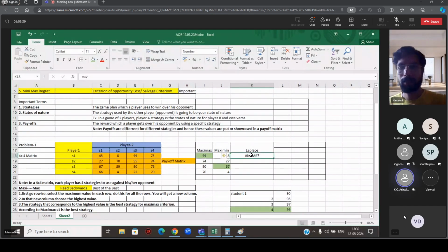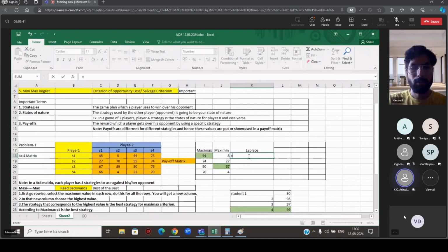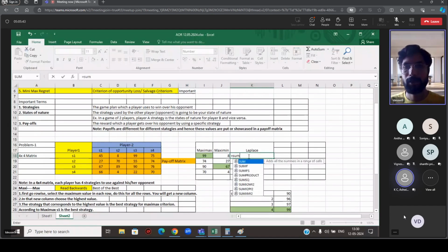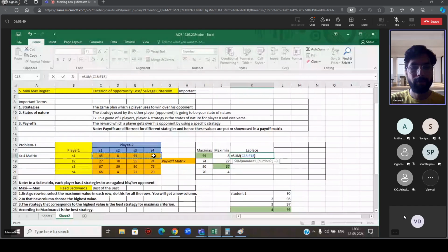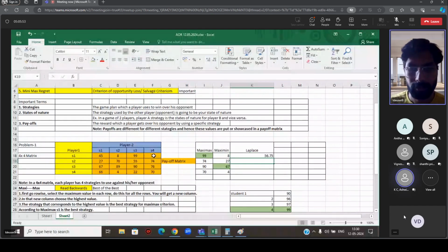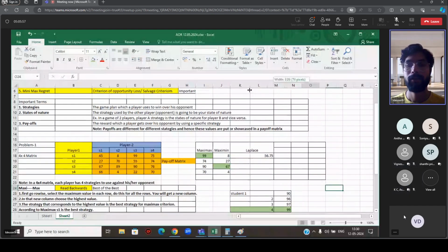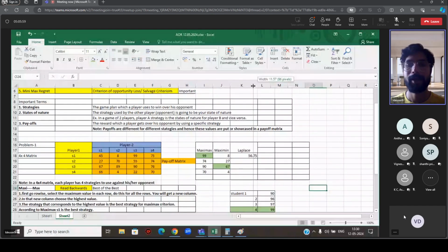Within the brackets, select the range. Yeah, selecting is easy. Divided by 4. Okay, good. Laplace, we are getting the average.